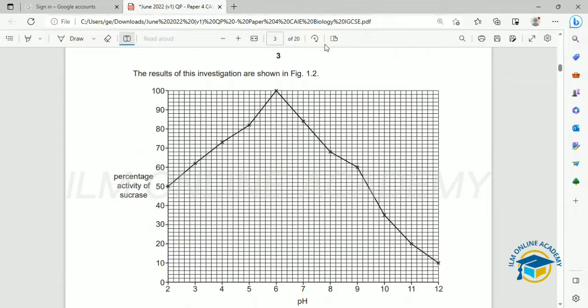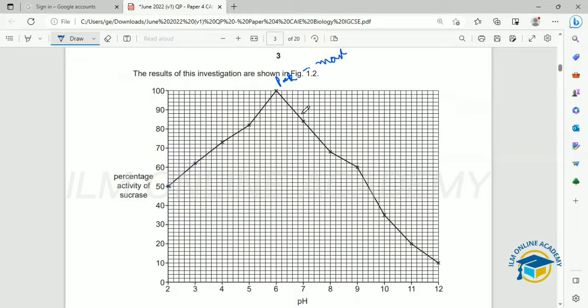Let's see the graph. So percentage activity of sucrase at pH 2, you can see it's at this mark. Then at pH 3, it increases to being above 60, and then above 70 at pH 4. Then at pH 5, it's like 80, and then at pH 6, it is. Now this peak is actually telling you at pH 6, the activity of the enzyme is maximum.